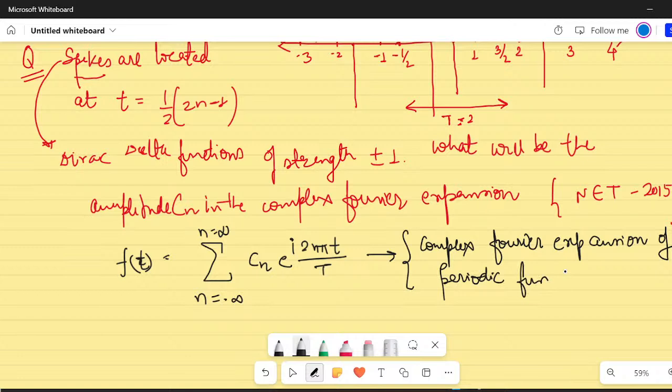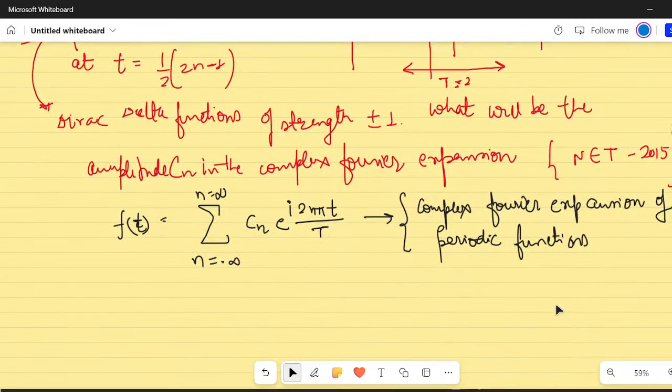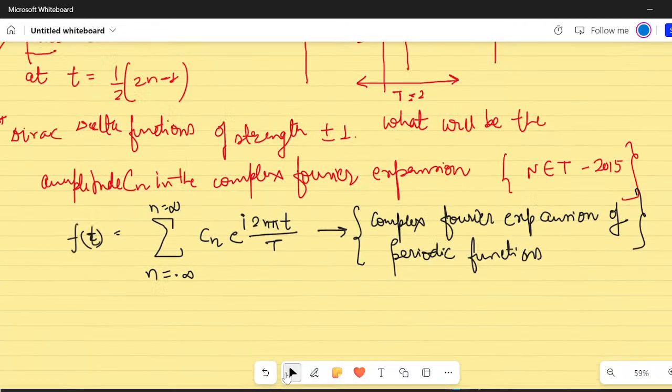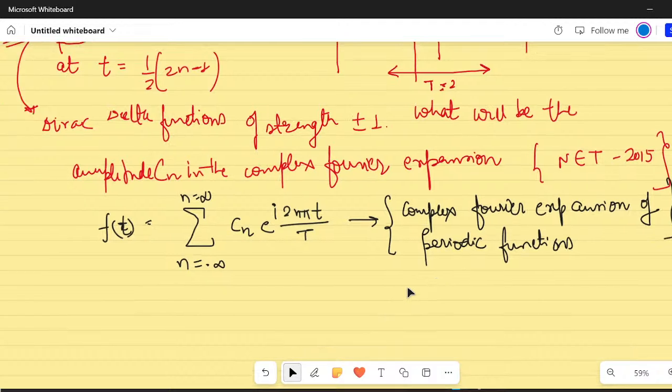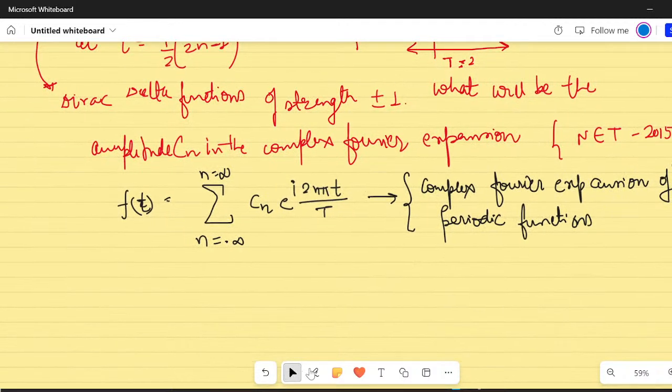And I know that this particular periodic function has the period T, so capital T, the period of the function, is simply 2 here. So how would my Cn behave? My question is, how would my Cn behave? I'm leaving this to you; just take 2 minutes for this, and then I'm going to start with the question.